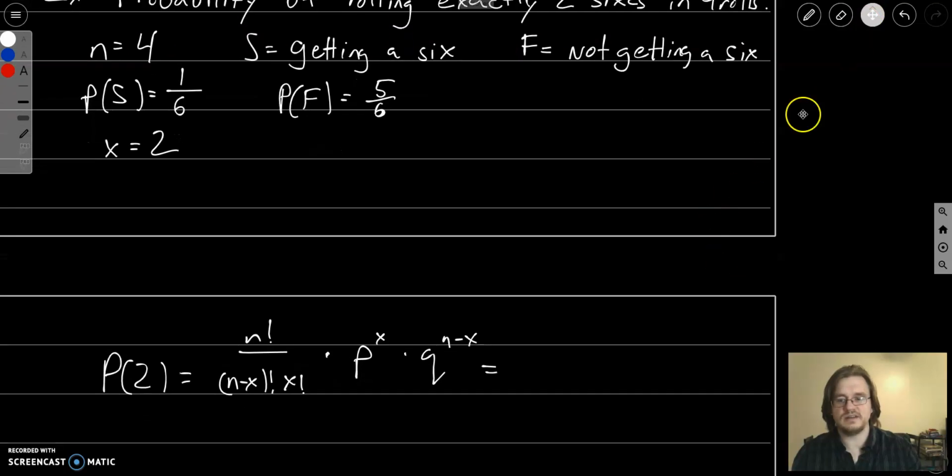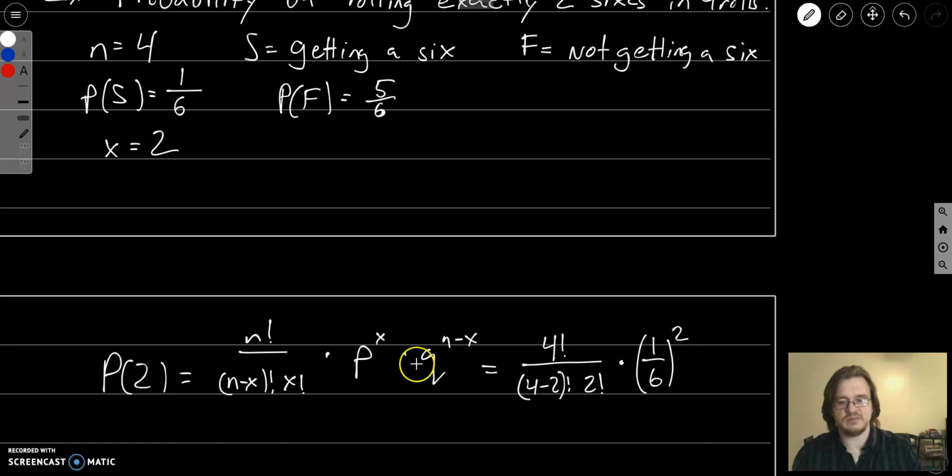So let's fill in some of these numbers. We have 4 factorial divided by 4 minus 2 factorial times 2 factorial times 1/6 to the 2nd power, because x is 2, times q, which is going to be 5/6, to the n minus x. So this is 4 minus 2 power.